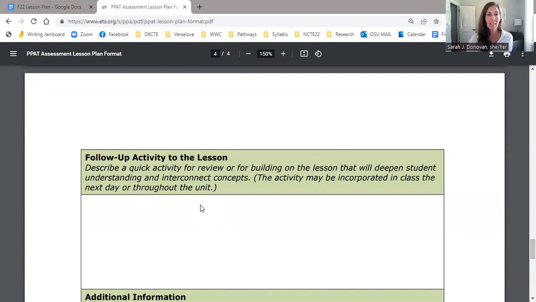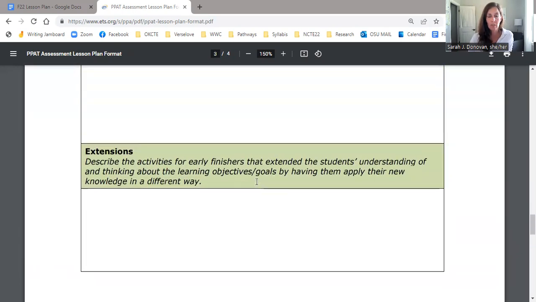So this lesson plan exists, and it uses a lot of the language that Dr. Nowell shared with us in our first meeting. And it's pretty straightforward, so you can create a template like this.